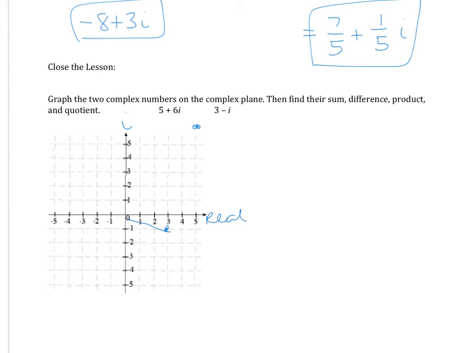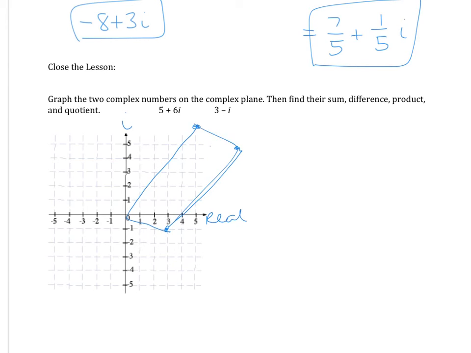They both get drawn to 0. Follow the same slope. It's up 6 over 5, somewhere about there.